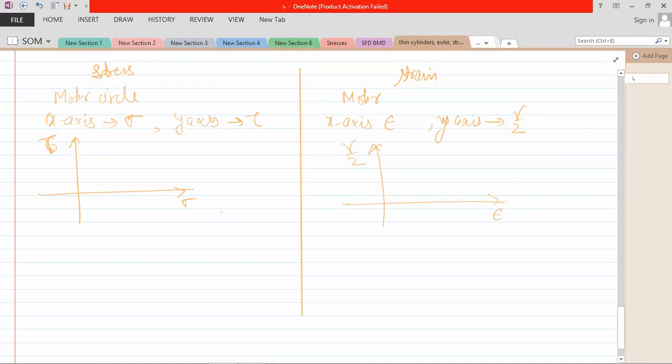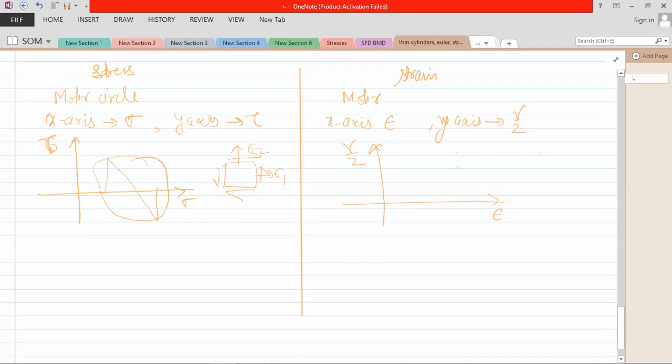Now this is your sigma and this is tau, and for strain it is epsilon and gamma by 2. Suppose I have a condition like this: sigma 1, sigma 2, and a shear stress acting this way. We need to draw the Mohr circle, so the Mohr circle would be represented like this.